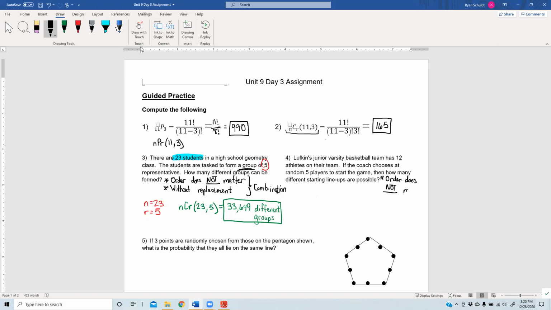If you're playing basketball, can you play multiple positions at one time? No. So we're doing it without replacement. He can't pick you again to go out there if he's already told you to get out on the court.